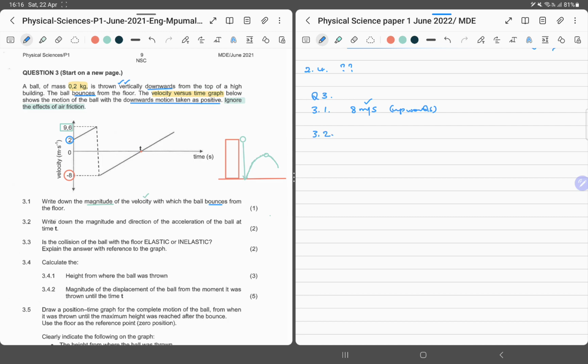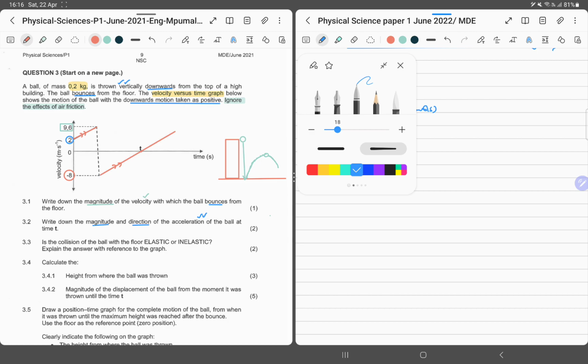3.2 says write down the magnitude and direction of the acceleration of the ball at time t. We know that the acceleration is basically the gradient in these graphs. And since we are doing a free fall here, it's gravitational force. And by the way, these two should be parallel, to suggest that they're of the same gradient.